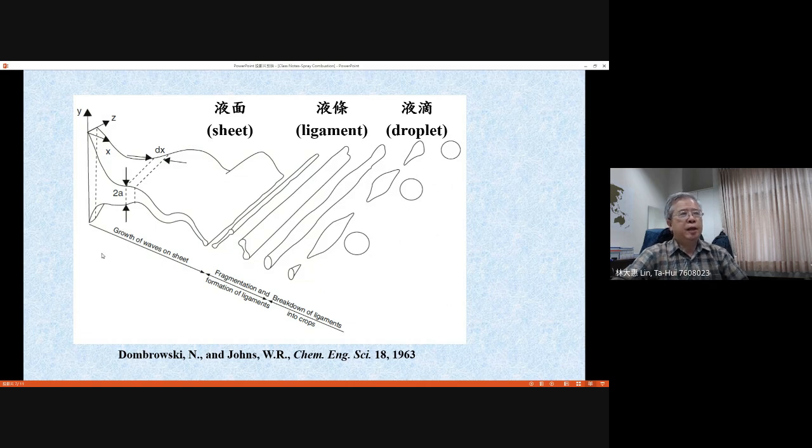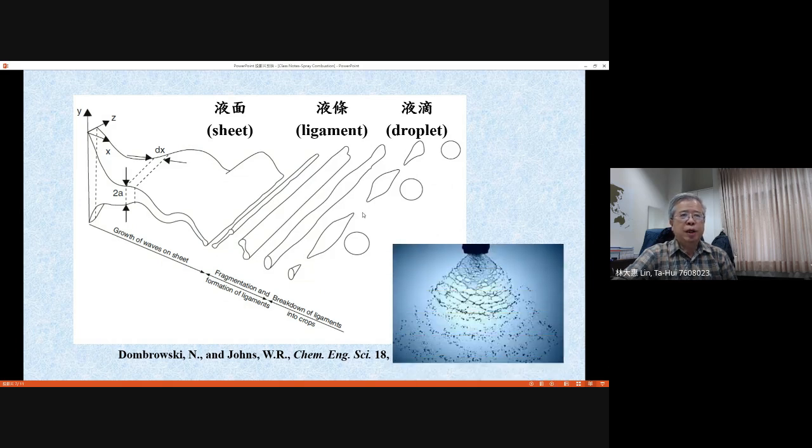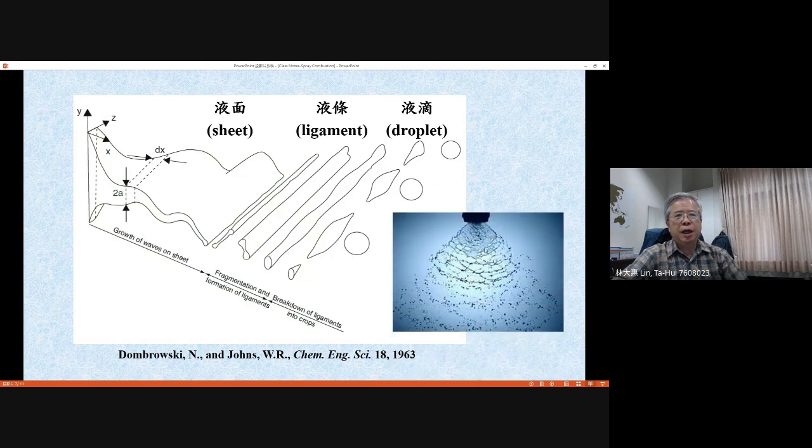Now you can see the breakup process for a current of liquid. That means a large volume of liquid will start from the liquid sheet, go to the ligament, and finally to the liquid droplets. I give you a typical experiment result, coming from a spray nozzle. You can see near the tip of the nozzle there is a region showing a spray cone.